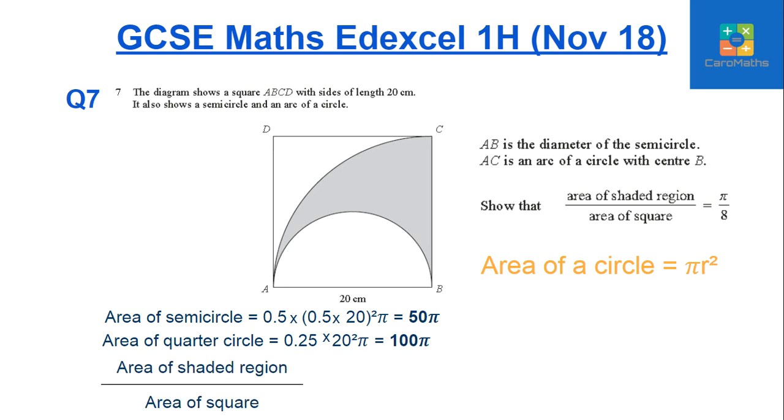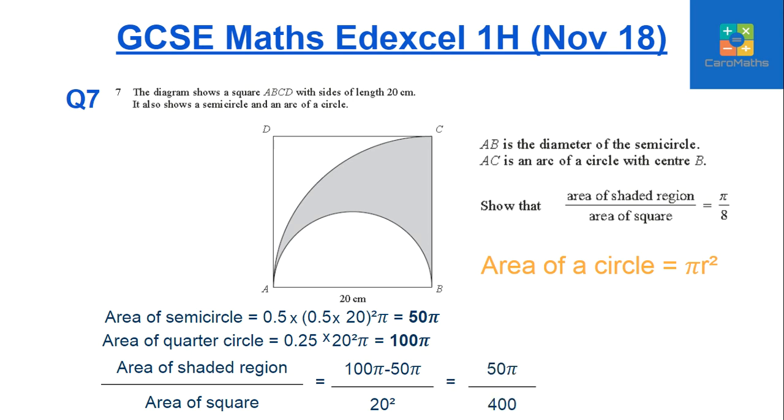And then the area of the shaded region over the area of the square is equal to 100 pi minus 50 pi over 20 squared. So the top part is just taking the area of the quarter circle and taking away the area of the semicircle, and the area of the square is just multiplying the two sides, so 20 centimeters times 20 centimeters.